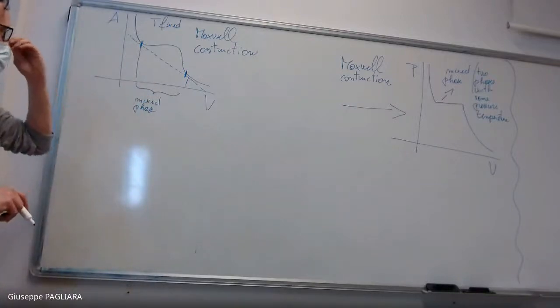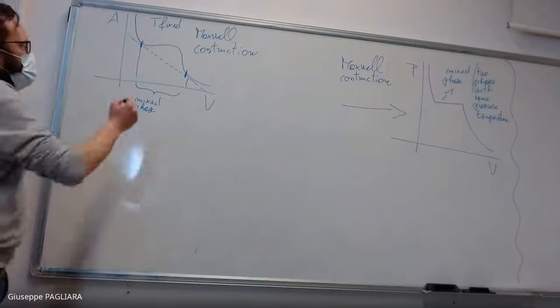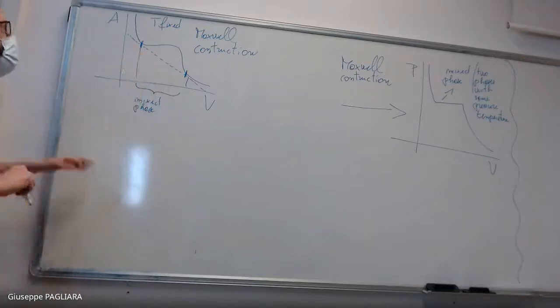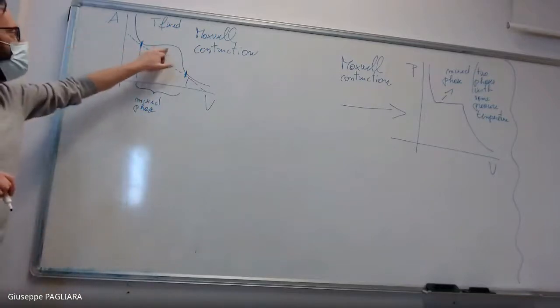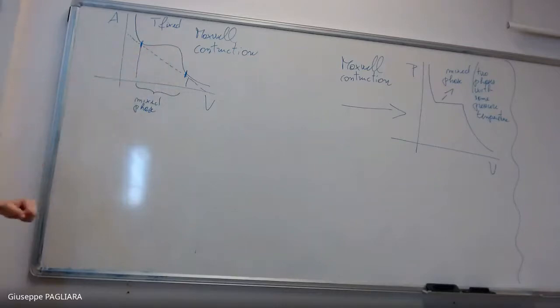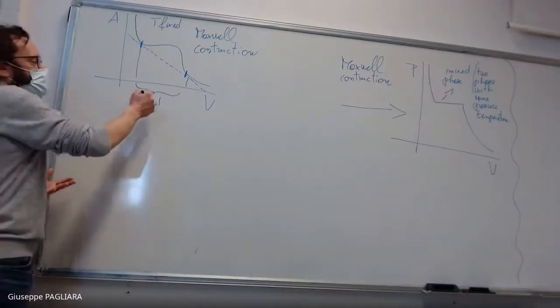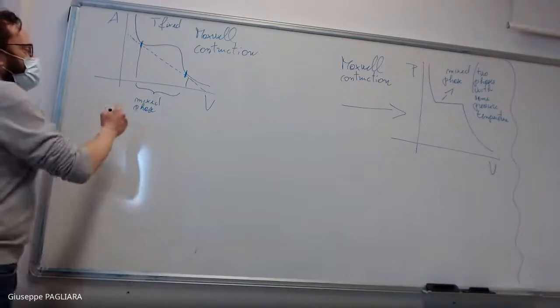Okay? And this mixed phase, you see, has a smaller Helmholtz free energy with respect to the Helmholtz free energy predicted by the van der Waals equation of state, and therefore, for the second principle of thermodynamics, the system will like to separate into phases, which form this mixed phase.